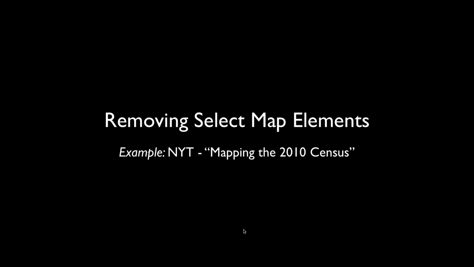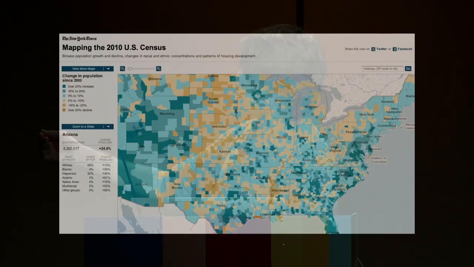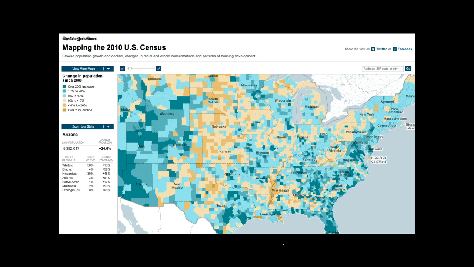Now the next example here is this beautiful, beautiful example from the New York Times that they did for the 2010 census here in the United States. On this map, this is the population change from the year 2000 to the year 2010. The blue counties are counties that gained population, and the tan counties are counties that lost population.